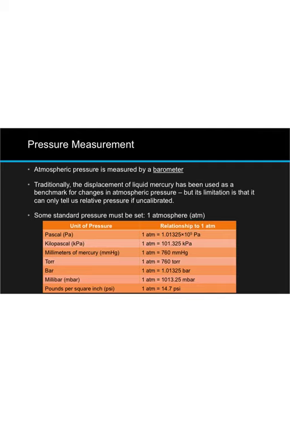Aside from atmospheres, there are lots of other ways to measure pressure. This isn't an exhaustive list, but a snapshot of some of the most common units of pressure measurement. We have pascals or kilopascals, millimeters of mercury, or torr, which for all intents and purposes are the same, bar and millibar, and psi, pounds per square inch.